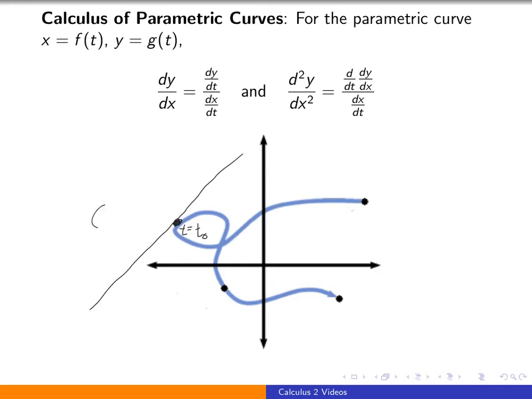The point where it hits the curve, we take the parameter value t naught and plug it into the respective parametric equations. So that would be f of t naught comma g of t naught. And then the slope of this line, we would take the derivative and evaluate it by replacing each t with t naught. And once you have a point and a slope, you would have the point-slope form of the tangent line. So let's look at a few examples.